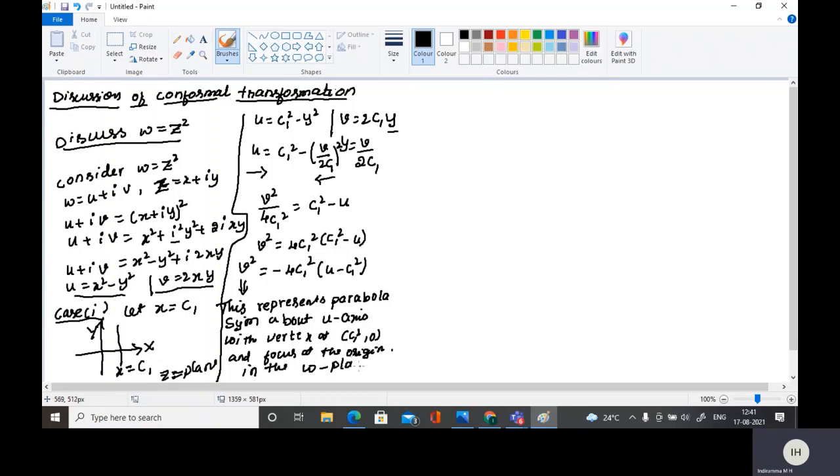So this is what we got. We considered a straight line parallel to y-axis and we got its image in the w plane as a parabola symmetric about the u-axis with the vertex c1 square comma 0.